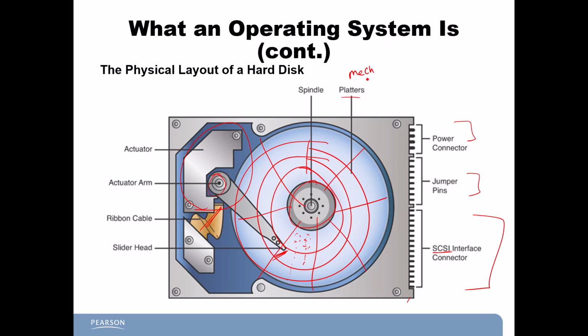The mechanical portion is because it has platters, metal disks. That's one type. We have other types that are just storage memory chips, which is slightly different than this type of device.